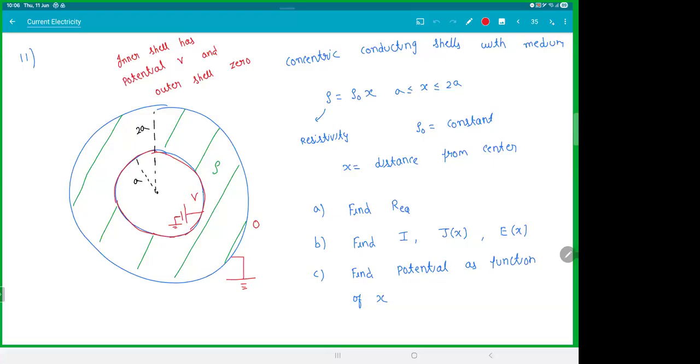Yeah, I think most of you are getting the resistance part right. I'll give another 30, 40 seconds. I'll show you the resistance. If you got the resistance, everything will fall in place.